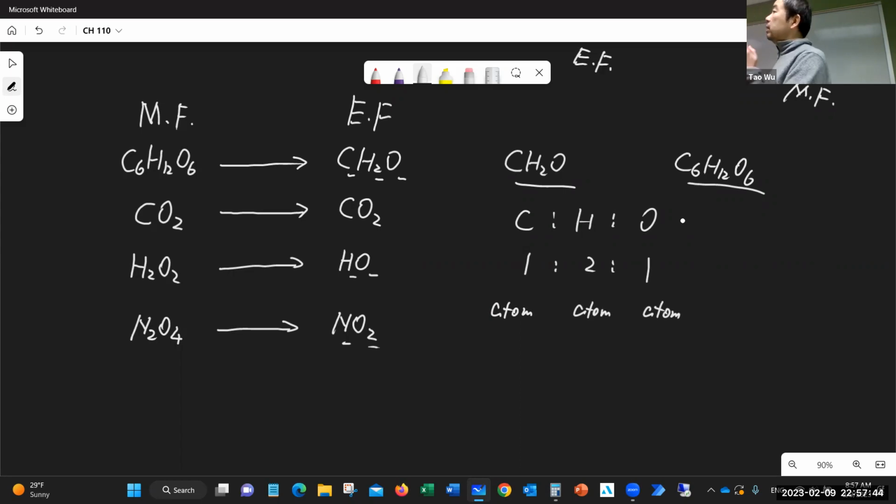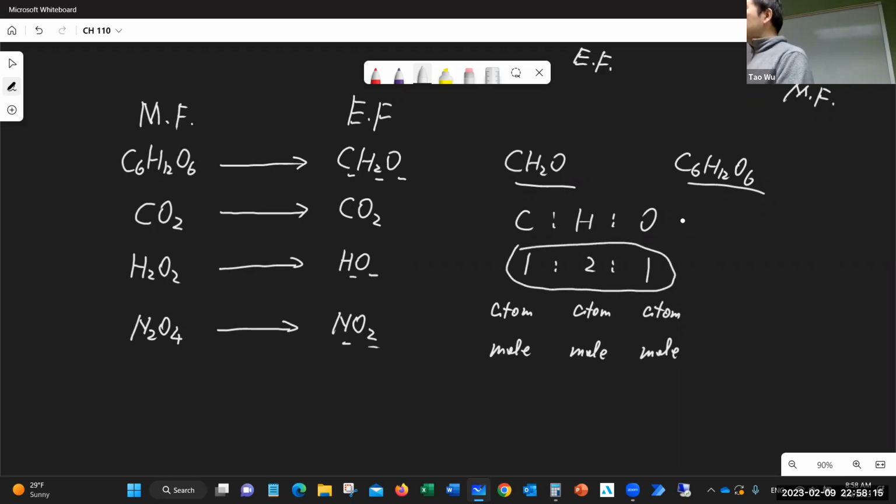But I'm telling you now, the ratio could also be in moles, because moles is just a number of atoms. So this ratio could also be 1 mole of carbon versus 2 moles of hydrogen and 1 mole of oxygen. So the ratio here could be the atom ratio and it could also be the mole ratio.